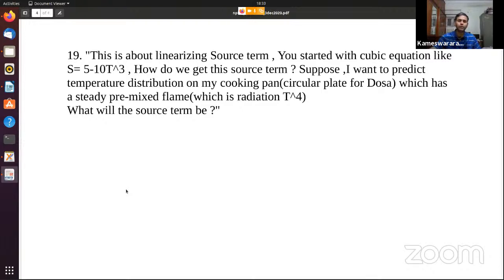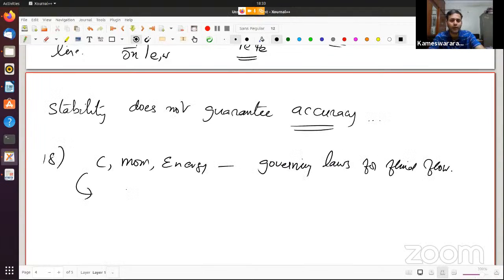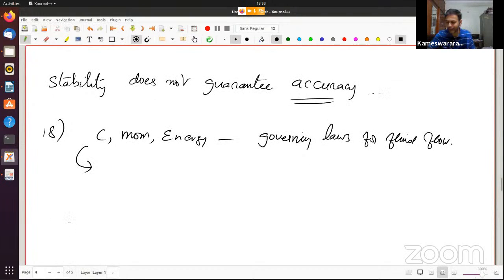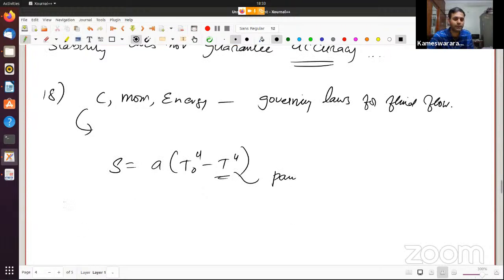Now, suppose I want to predict the temperature distribution on a cooking pan. What will be the source term? Well, the source term might include radiation. So it may look something like S equals some a times (T naught to the power 4 minus T to the power 4), right? Where T is the temperature of the pan. Then how do you linearize this? You linearize S as S star plus partial S by partial T star times (T minus T star).